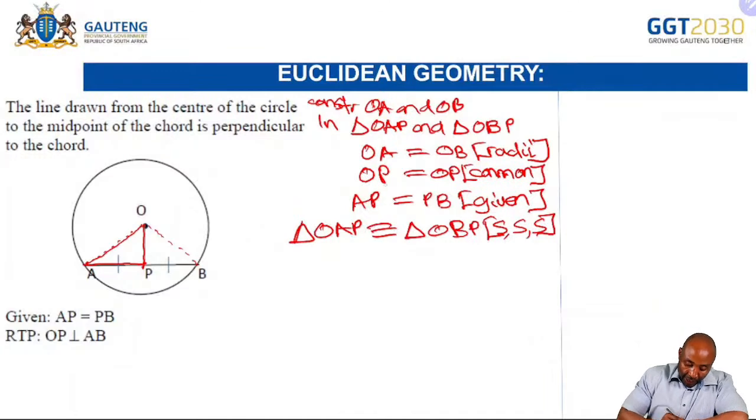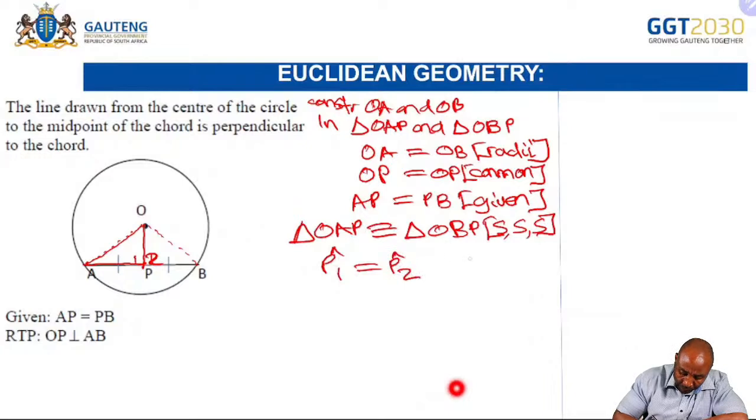It follows that, therefore, I have my P1, my P2 there as my angles. It follows that P1 is equal to P2. These are angles in a straight line.